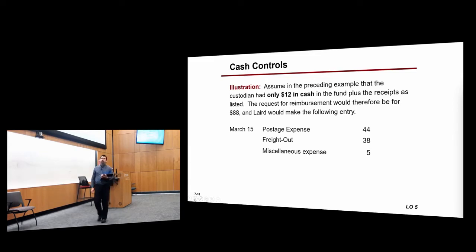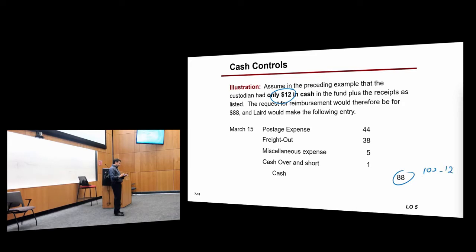The same expenses are there. We will debit the same expenses, the amount that were paid. We credit cash 100 minus whatever is left. So cash will be credited 88. This is 100 minus 12.